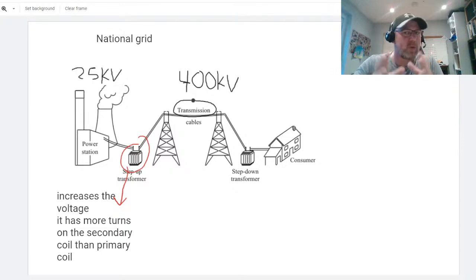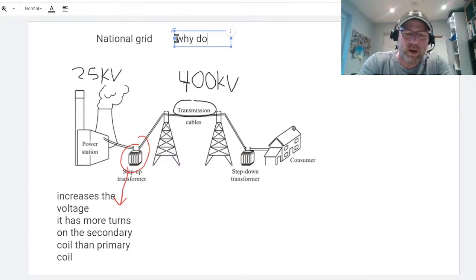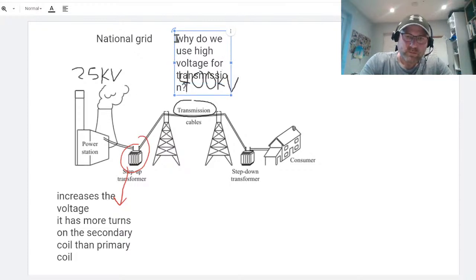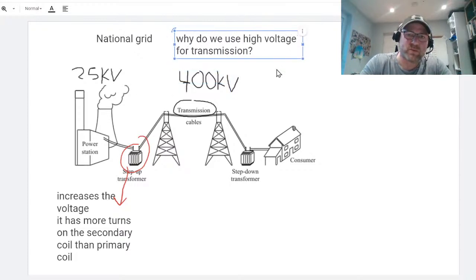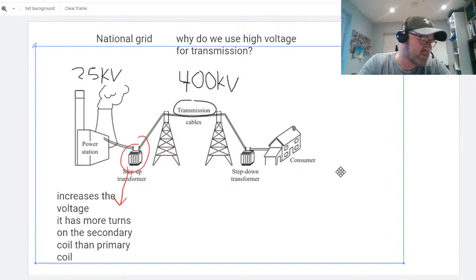We're going to step it down when we get to your house to make it safe, but the question you could be asked is, and does anyone know, why do we use high voltage for transmission? So you need to be able to answer the question, why we use a high voltage for transmission.